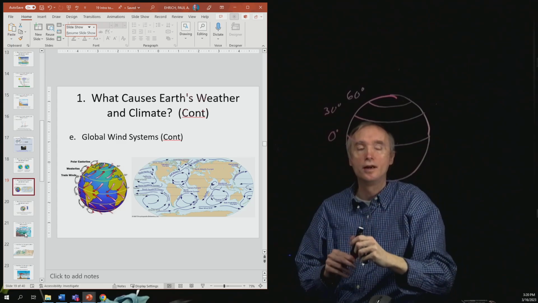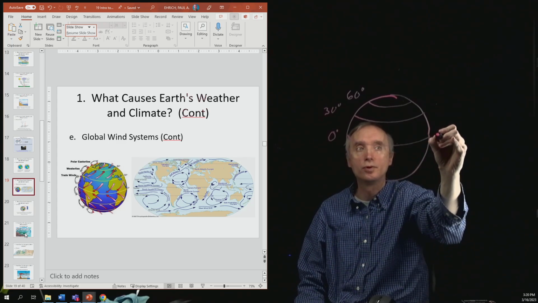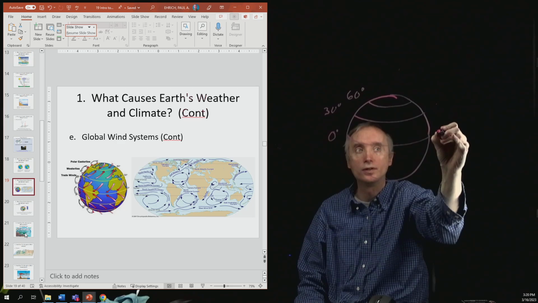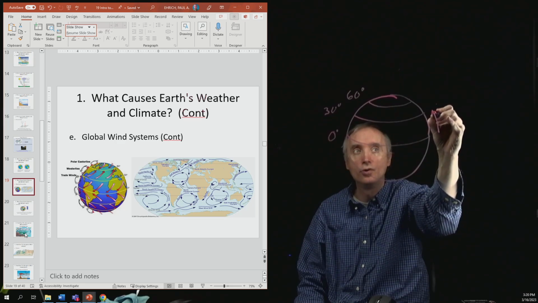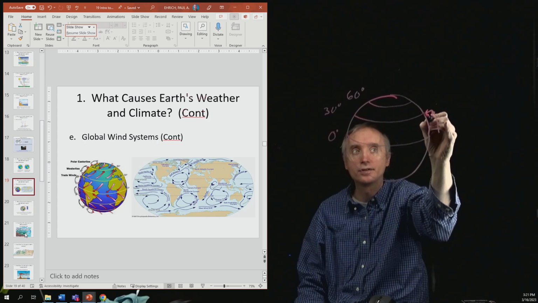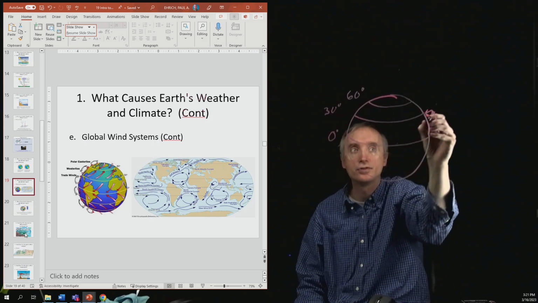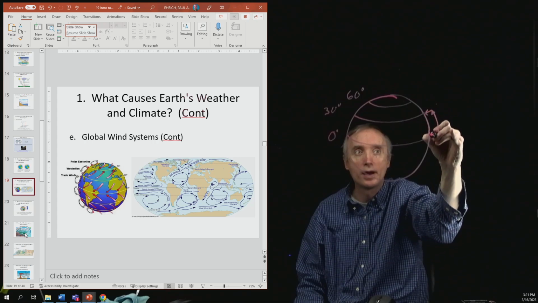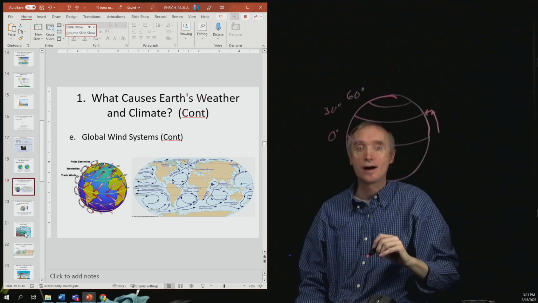So up here at the troposphere-stratosphere boundary, the winds are trying to go north, but when they get up to here, they have to fall back down at 30 degrees latitude, and then they start to go back to the equator, so they're heading south.